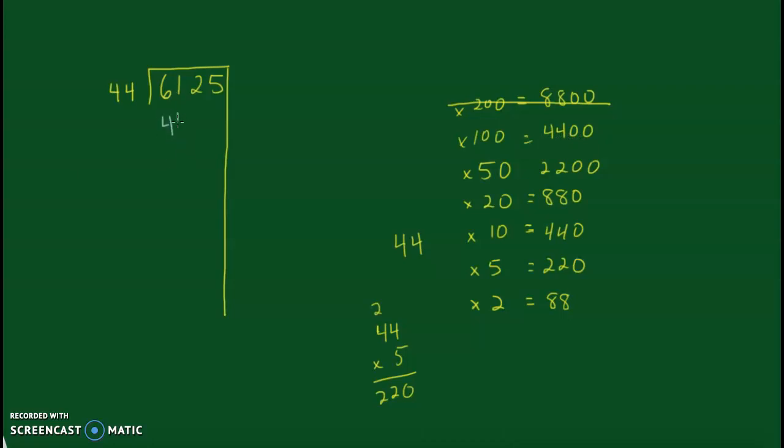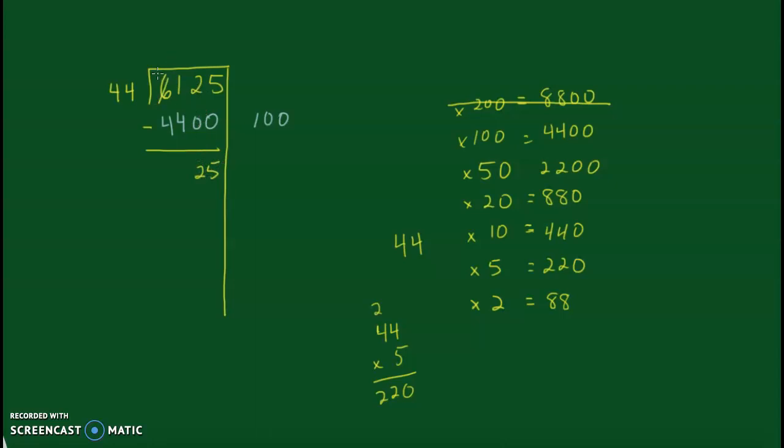So 4,400, and our partial quotient then is going to be 100. Then after that we subtract. 5 minus 0 is 5, 2 minus 0 is 2.